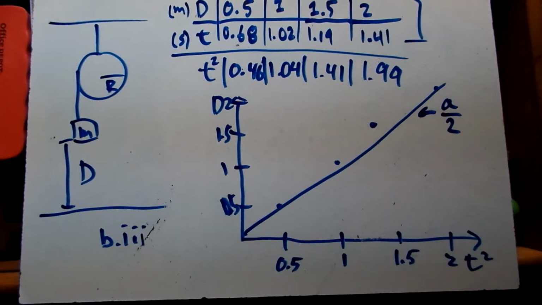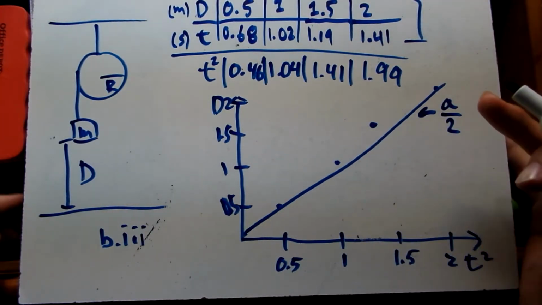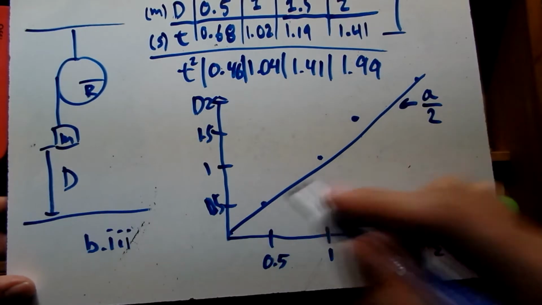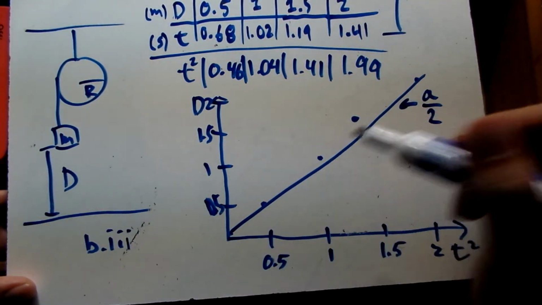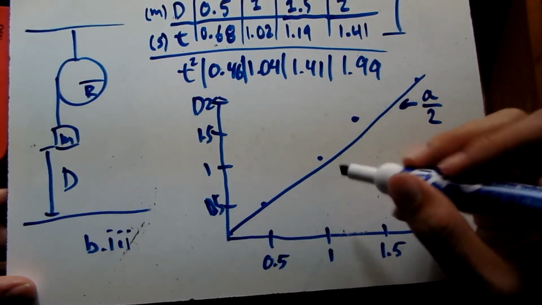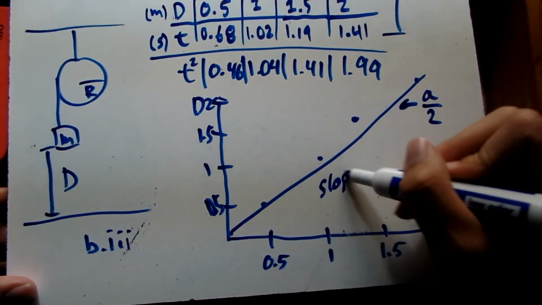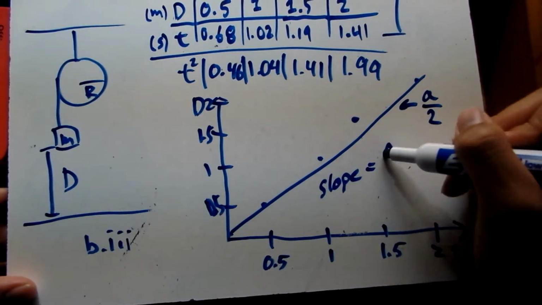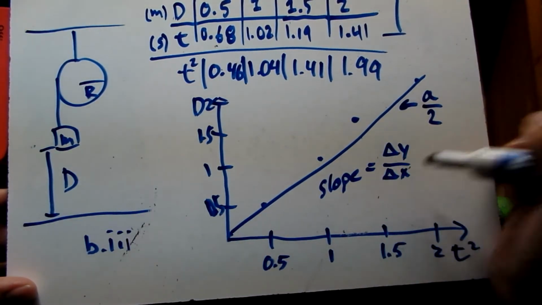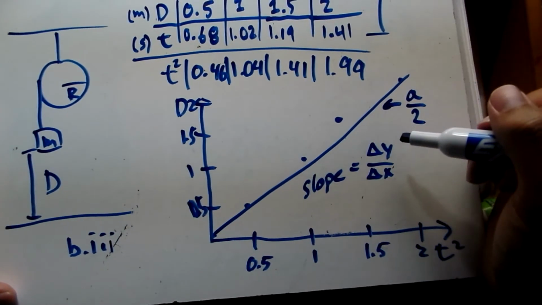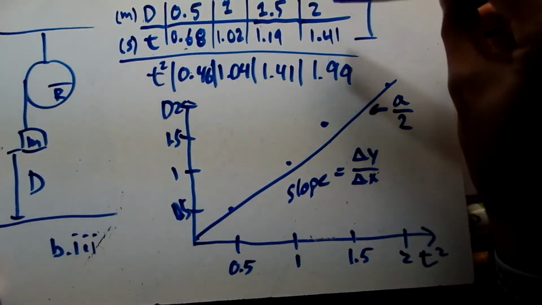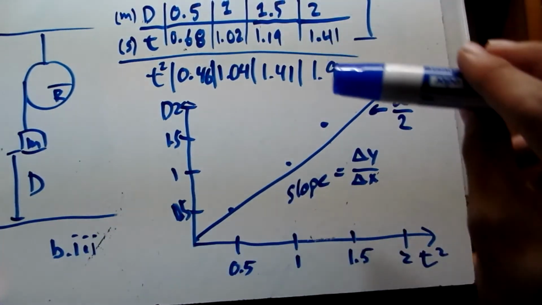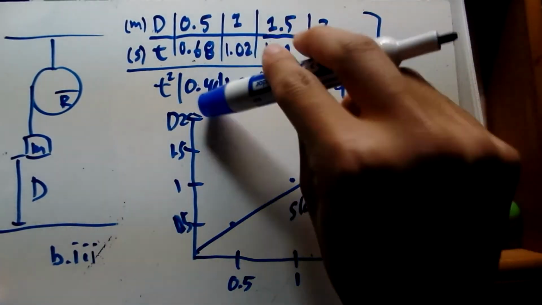Now part 3 of B is: use your graph to calculate the magnitude of the acceleration. So we're going to need to find the slope of our best fit line. Because the slope is related to the acceleration, we can use slope is equal to the change in y over the change in x.